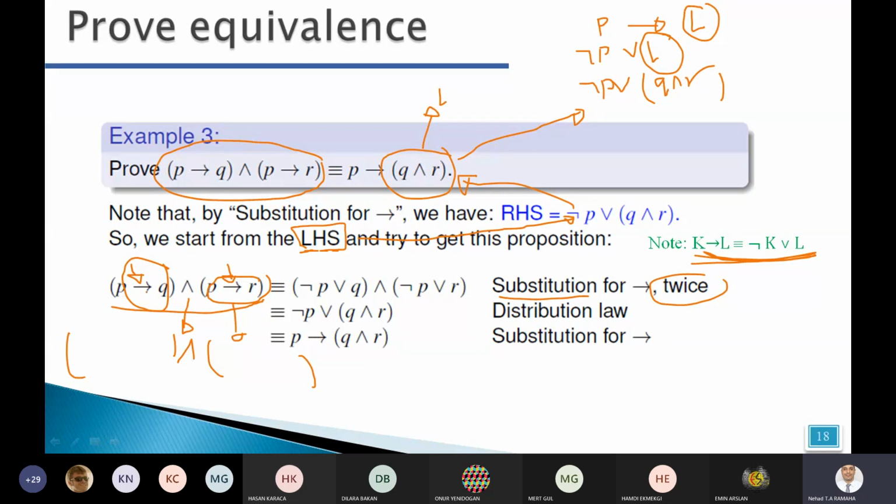This side, P implies Q, becomes not P or Q. This side, P implies R, becomes not P or R. So this is the result after applying the substitution law for this one and this one.